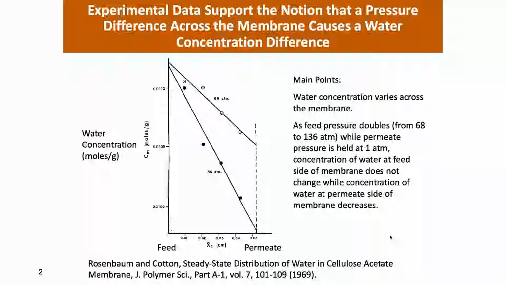And we brought into evidence work in the literature that showed conclusively that as you increase the feed pressure across a membrane, you don't do much to the concentration of water that's dissolved in the upstream phase, but you do lower the concentration of water at the downstream phase.